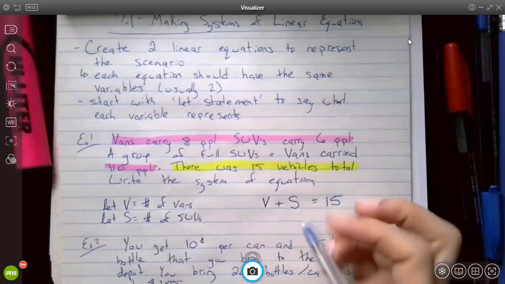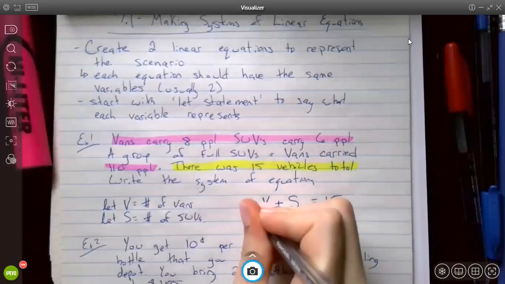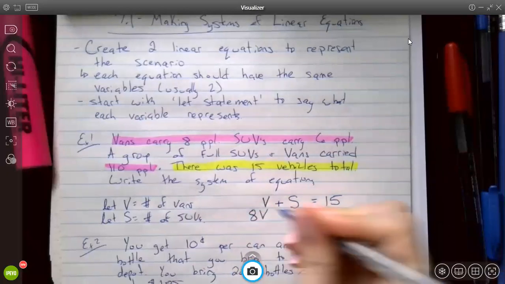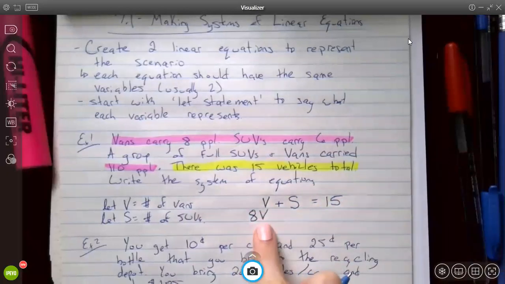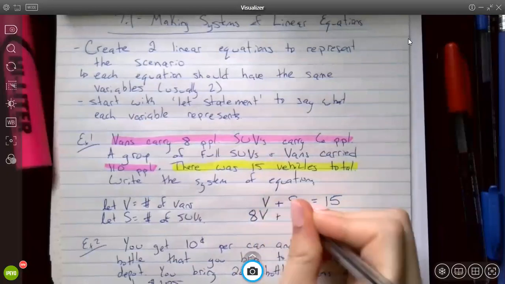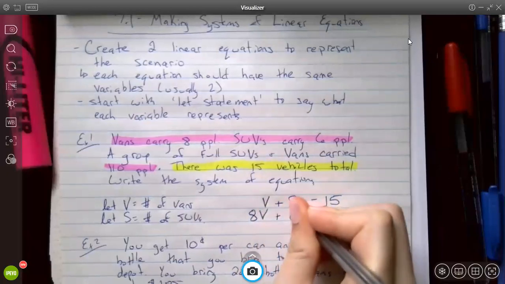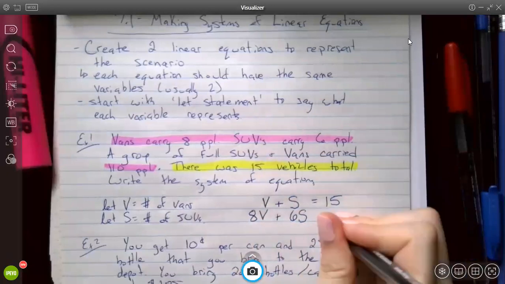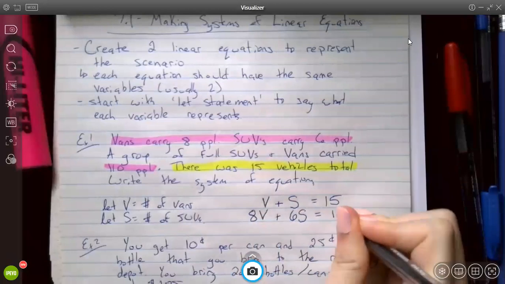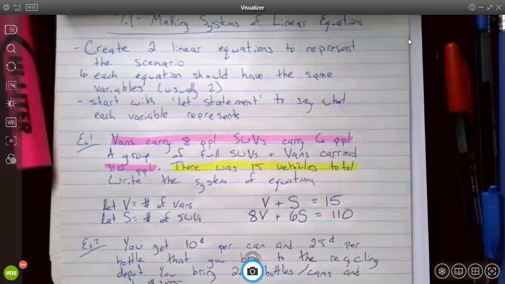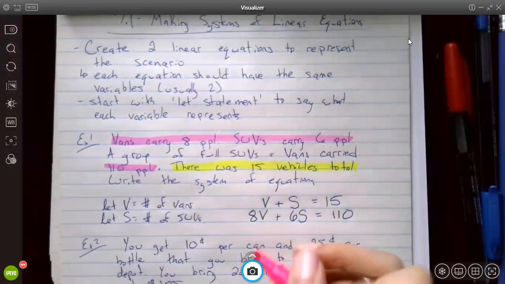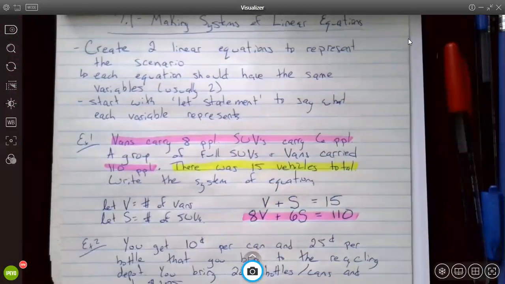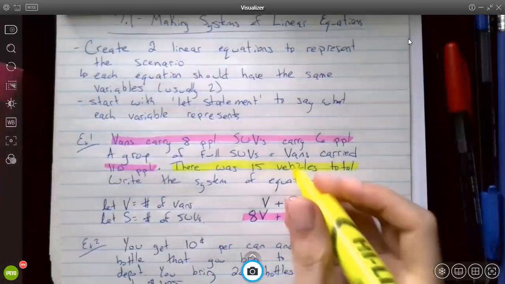So the way I would show this is 8 people times the number of vans, because each van can hold 8 people, plus 6 people times the number of SUVs, since each SUV can hold 6 people, will all add up to the total number of people. Okay, so those are the two equations that we would end up with. Those two equations are what make our system of linear equations.